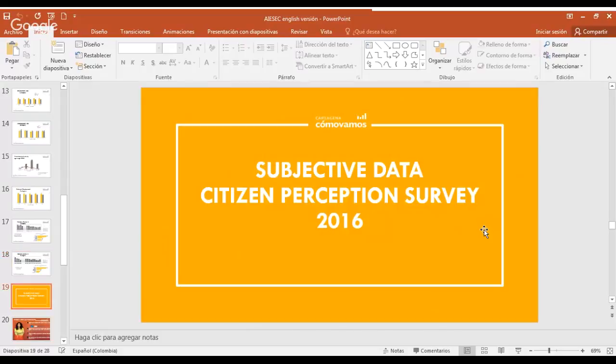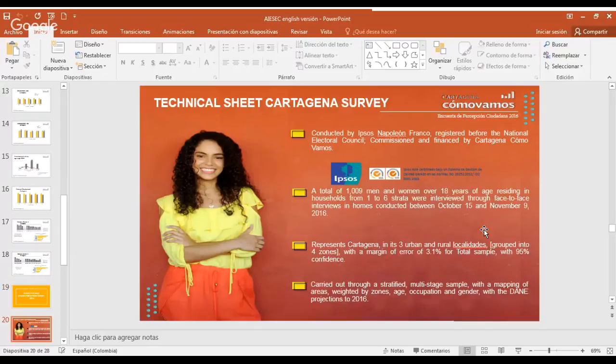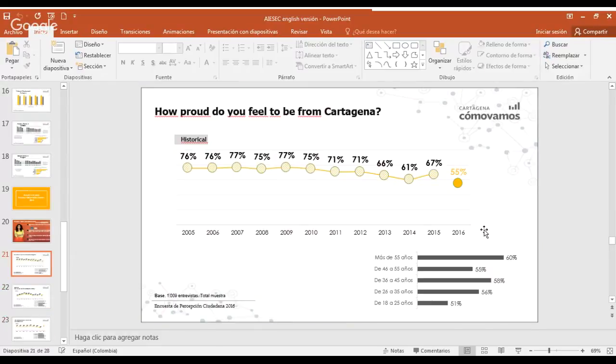And now we are going to talk about qualitative data based on our citizen perception survey that we make every year to know what people think about the city, how it is going in the city, about education, health, transportation, security, and stuff like that. In this presentation, we are going to talk about how proud people feel to be from Cartagena.